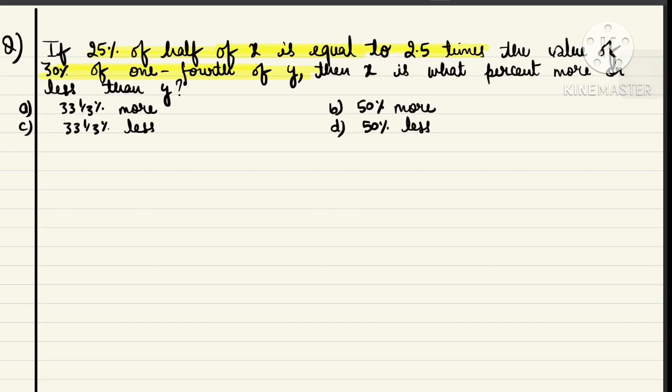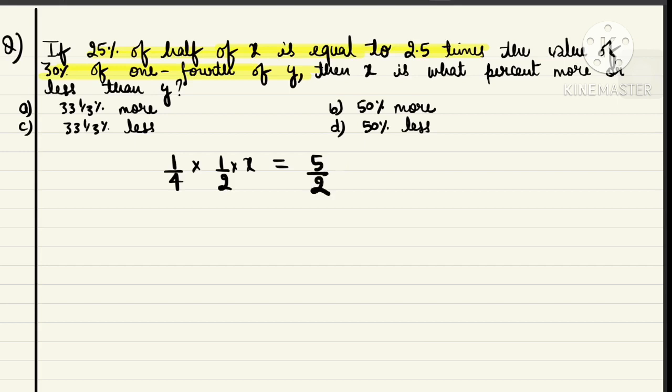So whatever has been asked in the question, we will just try to write it, frame it. 25%, so percentage to fraction, 25% is 1 by 4. 25% of half of x, half of x means x by 2, is equal to 2.5 times, and we can write 2.5 as 5 by 2.